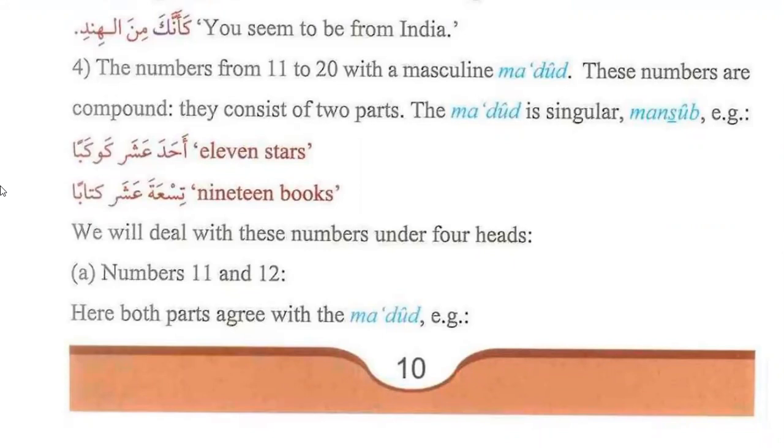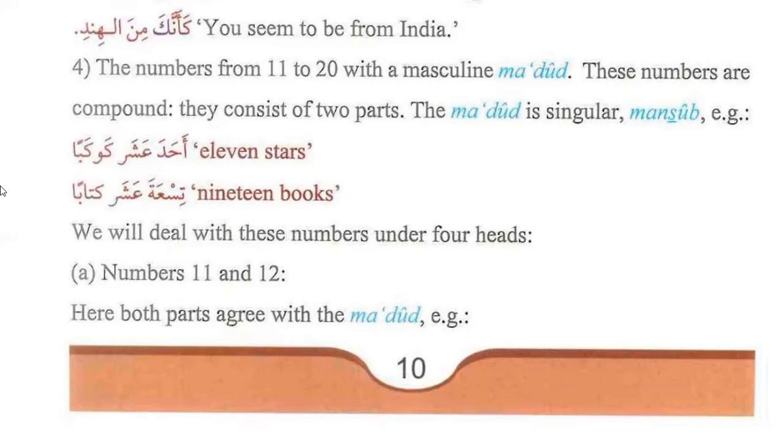These numbers are compound. They consist of two parts. The ma'dud is singular, mansoob, e.g. 11 stars, ahada ashara kawkaban, 19 books, tis'ata ashara kitaban. We will deal with these numbers under four heads.